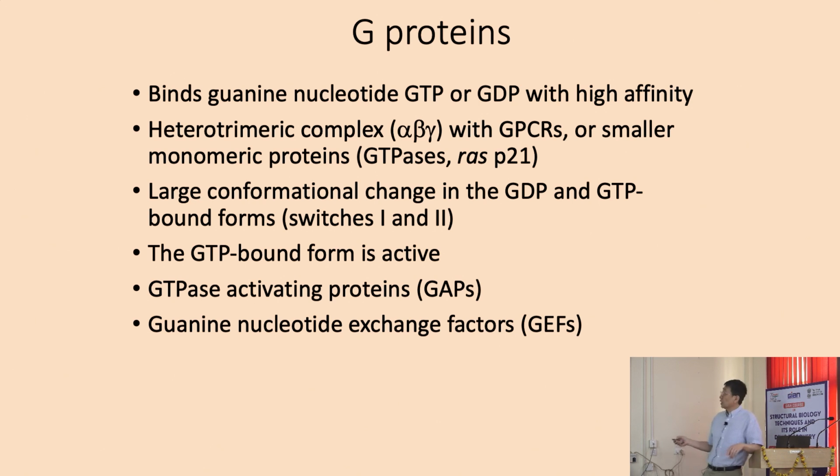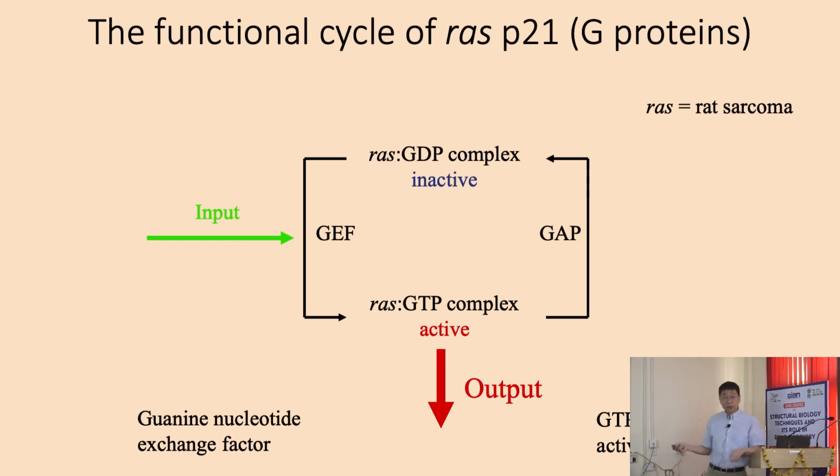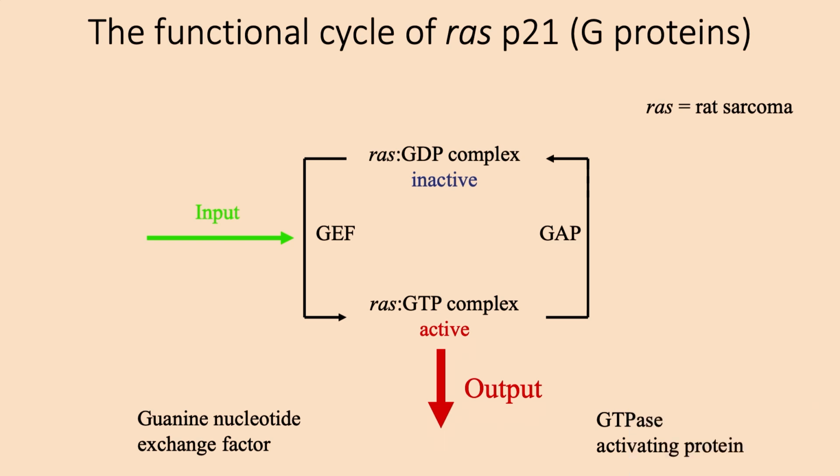So as a result, as I said, these proteins bind guanine nucleotides for dear life. They don't come off. So you need exchange factors to allow the GTP to come in, as you can imagine on this slide. RAS means rat sarcoma, so it's an oncogene that causes sarcoma.